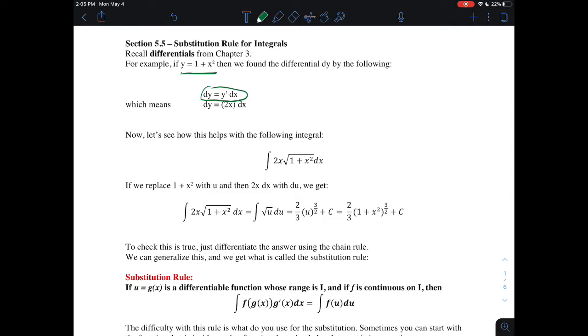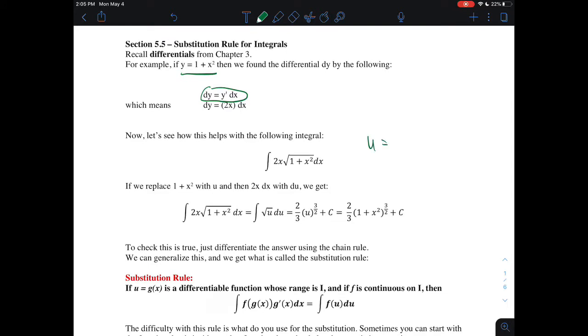If we replace 1 plus x squared with u, and then 2x dx with du, meaning I'm substituting u for 1 plus x squared, and then using differentials, the differential du will replace the 2x and the differential dx.